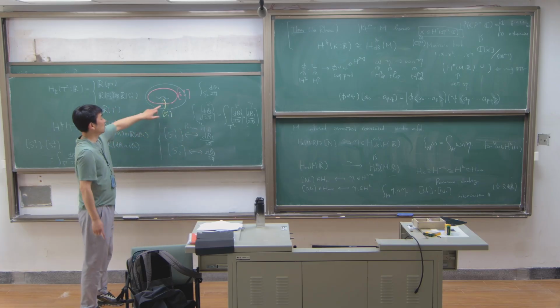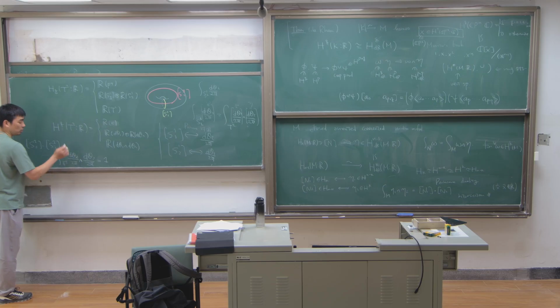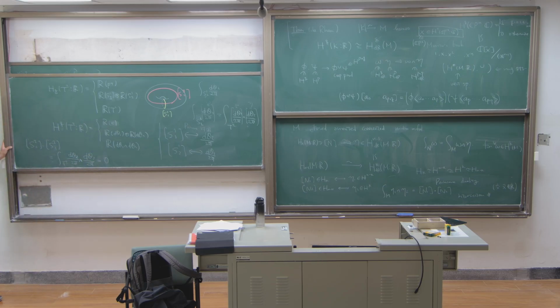So therefore, the intersection number is just how the cycles intersect. One cycle intersects the other at 1 point. For instance, if you take the self-intersection, S11 with S11, then you get d theta 2 wedge d theta 2, right? Then this is equal to 0, because d theta 2 wedge d theta 2 is equal to 0. So therefore, no self-intersection. That's what's happening.